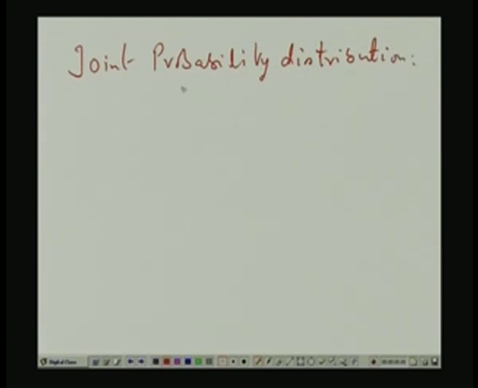So, we can define the joint probability distribution. Actually, I should write it like F_X, where x takes specific values capital X1, capital X2, up to capital Xn.